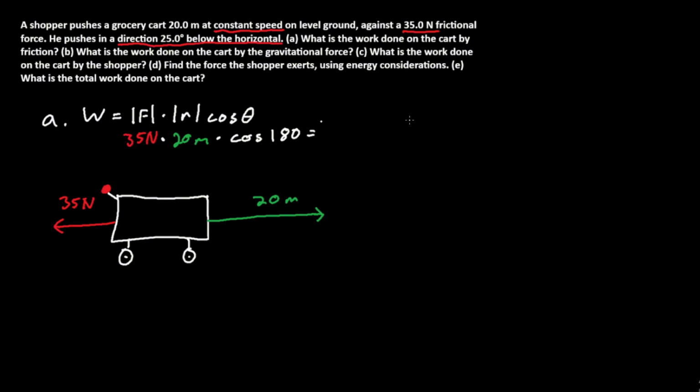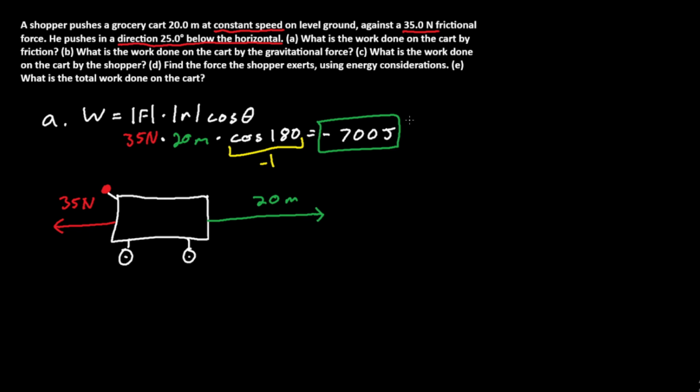When you multiply all these together, 35 times 20 times negative 1, you get a work of negative 700 joules due to friction. So that makes sense.